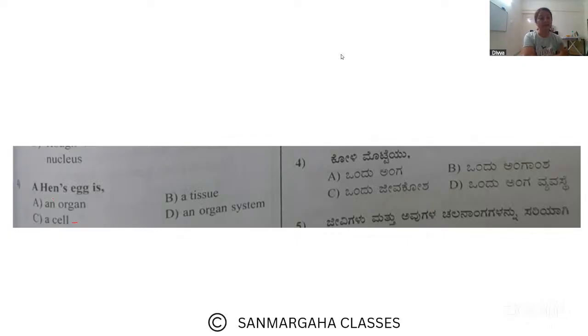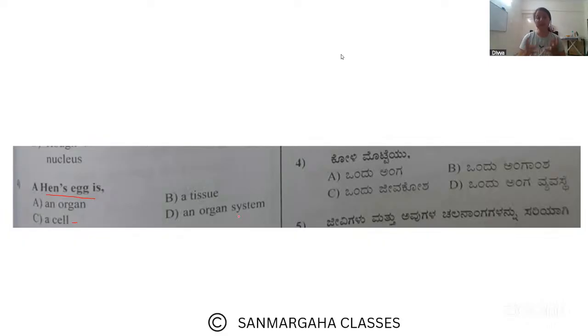Okay, then complete organ system, right? So now hen's egg, so what do you say? Is it an organ, is it a tissue, or is it an organ system? Okay, so example for organ system we have digestive system, respiratory system, excretory system, etc.